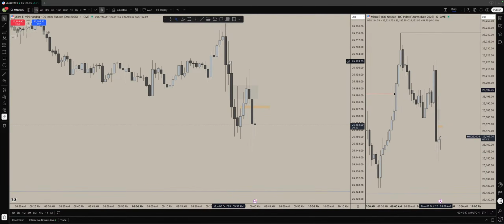5 minute candle's a bit gnarly though. That 5 minute candle is a bit gnarly.